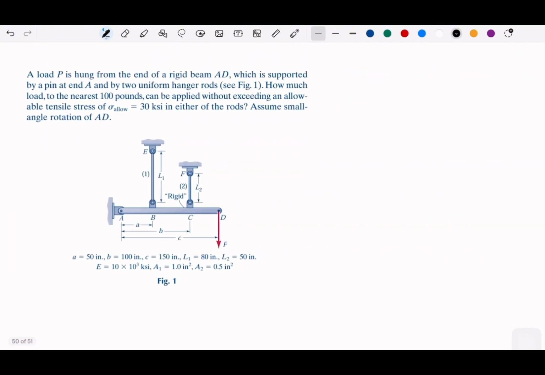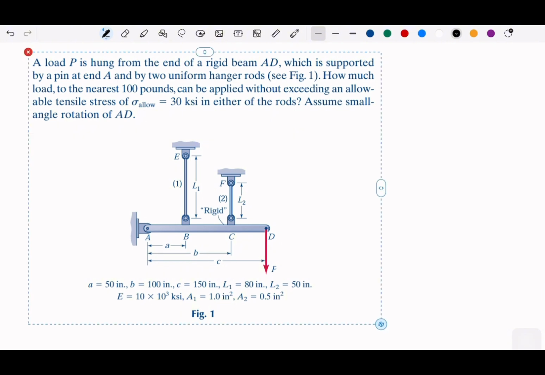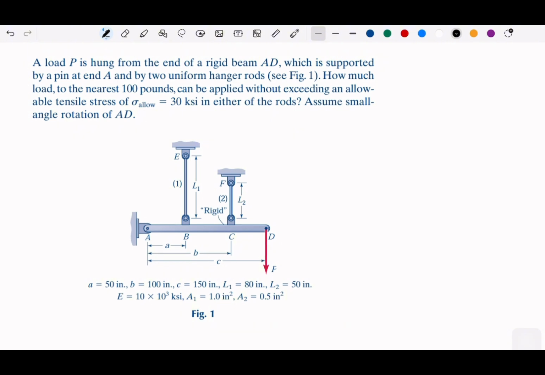So let's say we have the load here. This is using the not standard units, but the thing's still okay. We have load P, okay, load P, which is the red color, that is load P. And then it's hung from the end of the rigid beam AD.